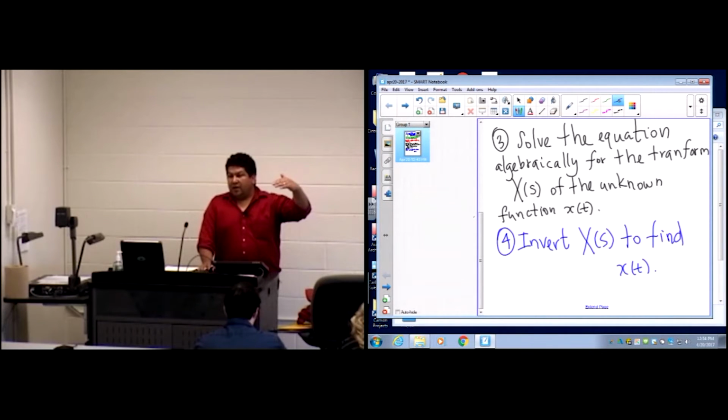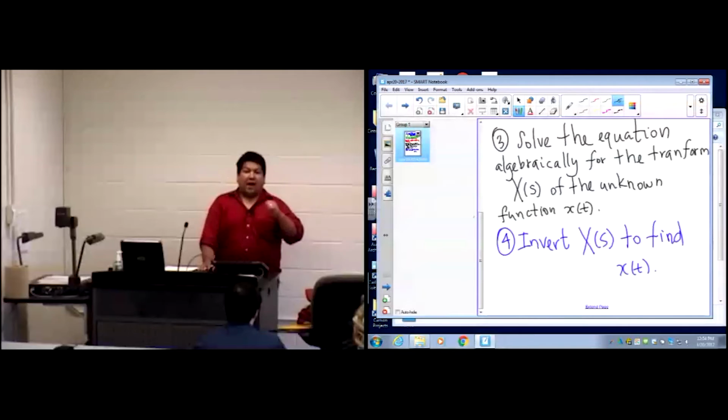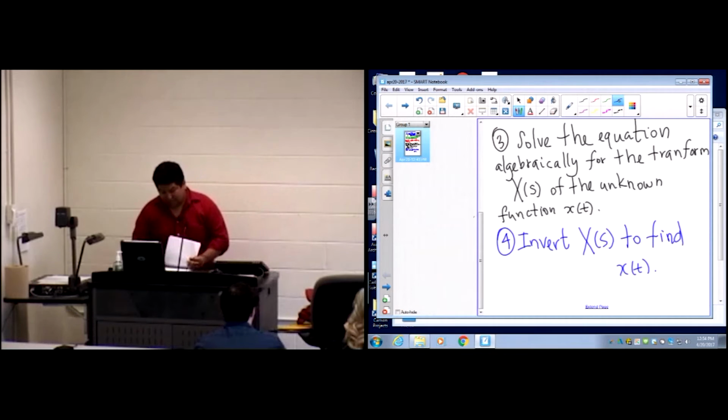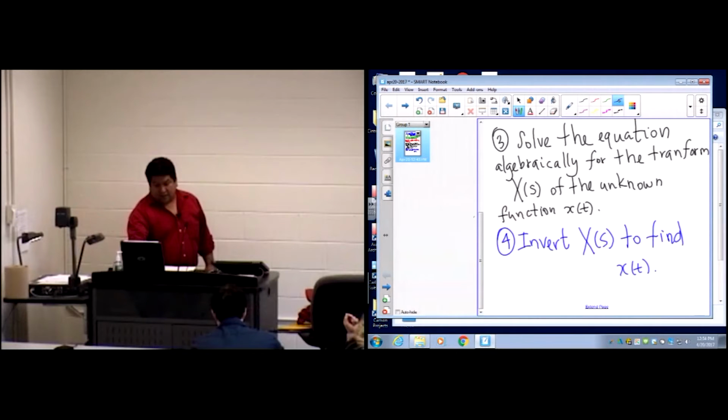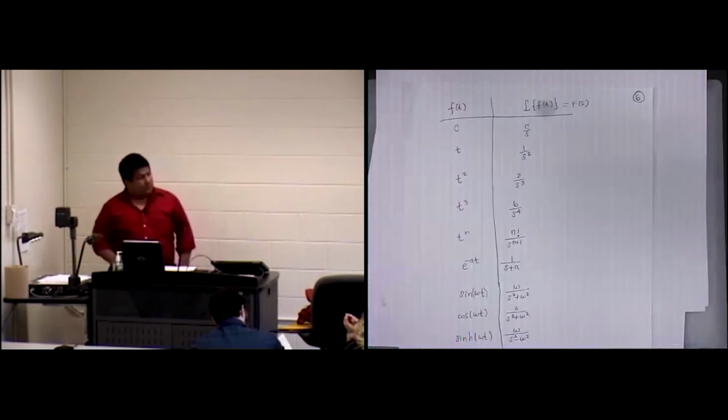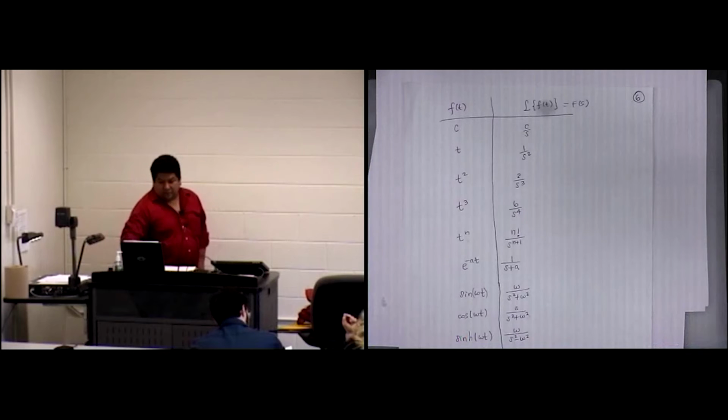Zooming in. Very good. Requires this information, right? Information on functions here. Say t to the n, right? Information on function powers of t, the nth power, and its Laplace transform being this.